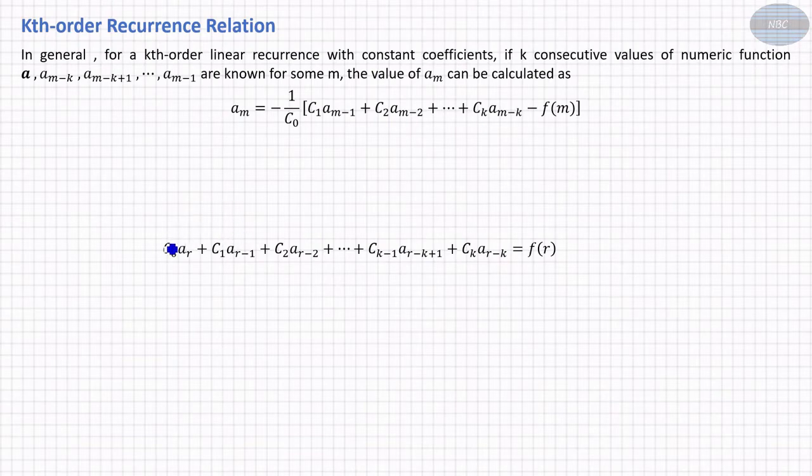Okay, so see here, to find out a_m, we have to put r equal to m in this kth order recurrence relation with constant coefficients.